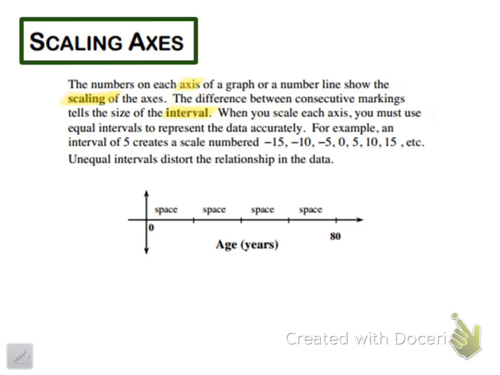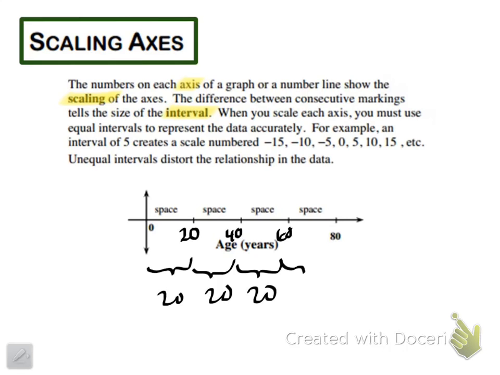So you can guess and test all the way until you'd end up getting 20, 40, 60. Each of these spaces represent a value of 20. Therefore, they are the same, and the data would be represented scaled, meaning that each interval or each space in between each tick mark is scaled.